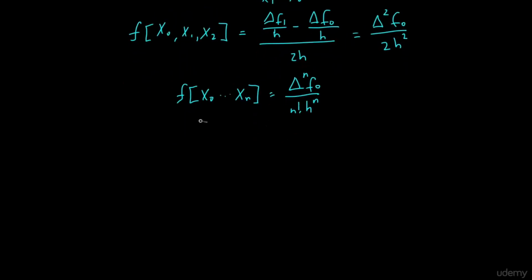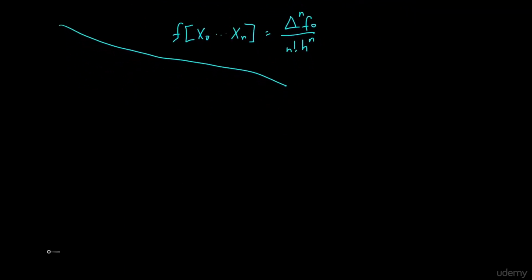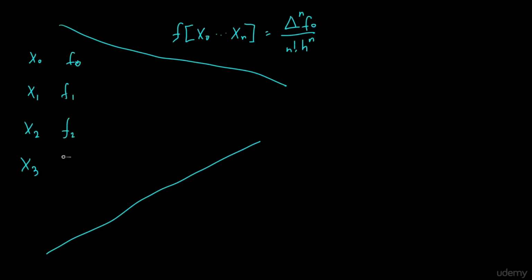Remember when we were solving with divided differences, we had this table which was kind of like a converging triangle. We can define another one of those. So once again, we'll talk about the x values: x0, x1, x2, x3, and so on. And then you would have the function values, f0, f1, f2, and f3. And then those would become delta f0, delta f1, delta f2.